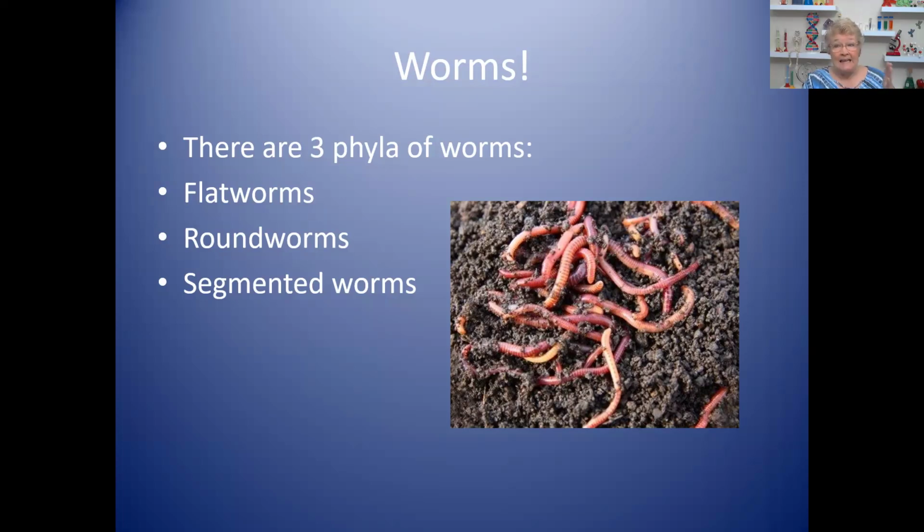Flatworms are called platyhelminths. We'll talk about that when we get into talking more about them. But I remember that because flat and plat rhyme. Platyhelminths are flatworms. Roundworms, of course, are round. Segmented worms, like the ones in the picture here, have segments. So you can see those individual segments. Think like an earthworm. An earthworm is a segmented worm.